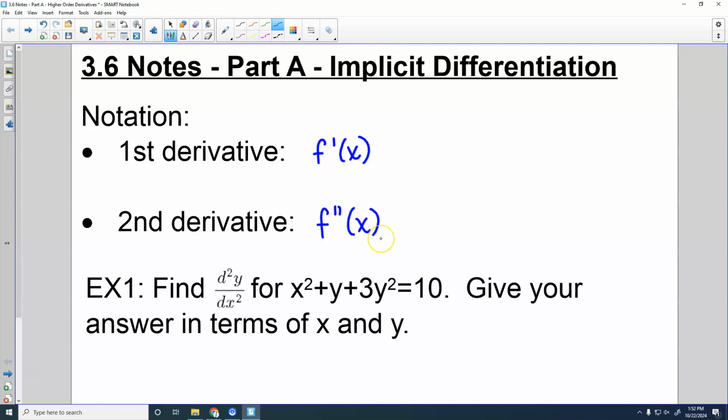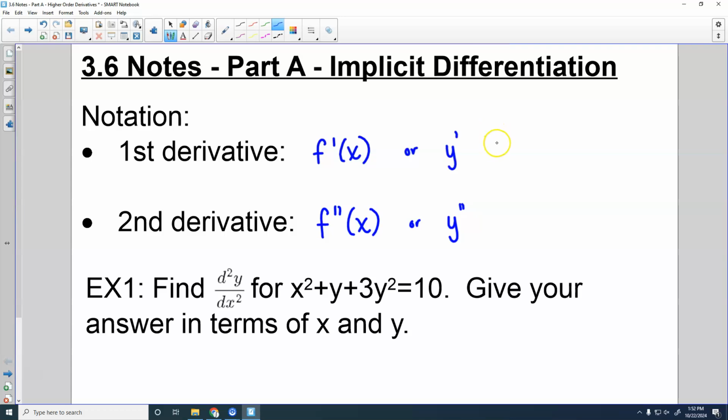This would be your second derivative of f of x. Or if you're using y prime, I don't use that one very much, but you could. When you take the derivative of y equals something, you could have a y prime. You would just have y double prime with the two little tick marks for the second derivative.